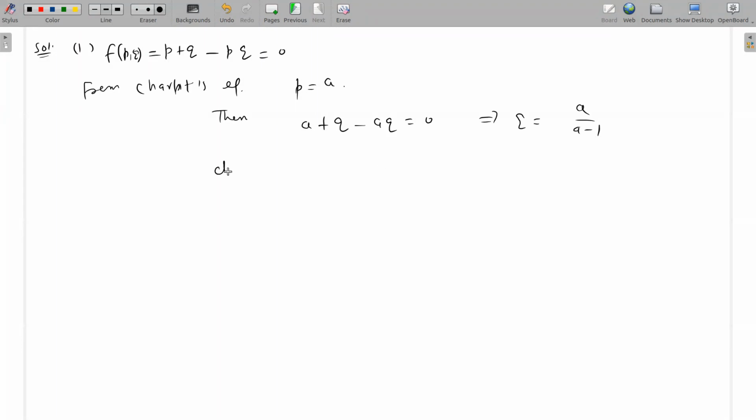Then use the relation du equals p dx plus q dy to find u. So on integrating, you got ax. So this is my complete integral.